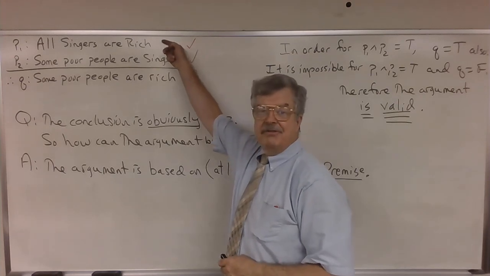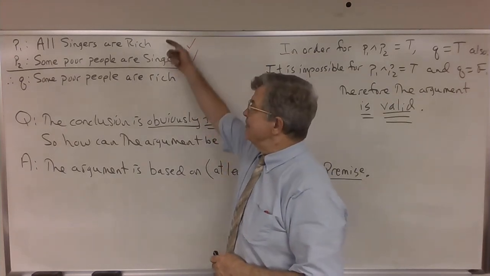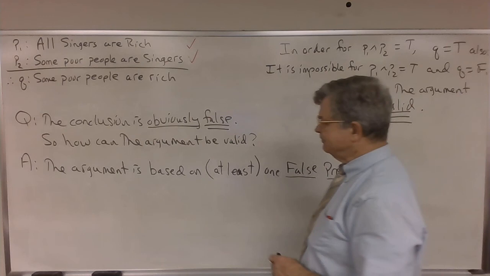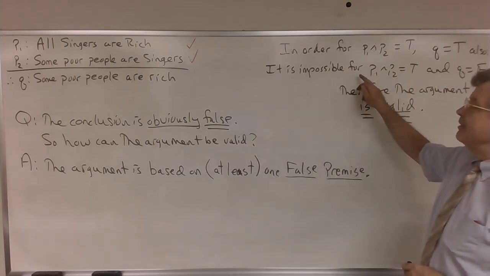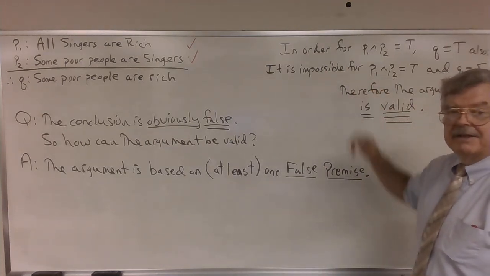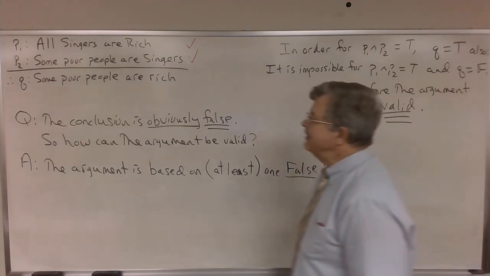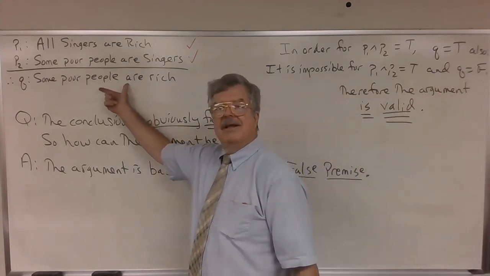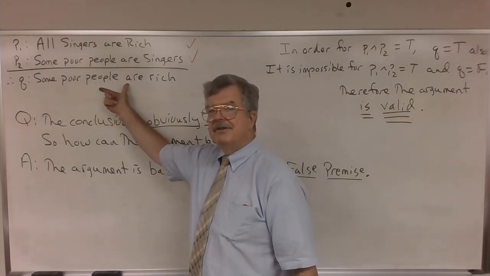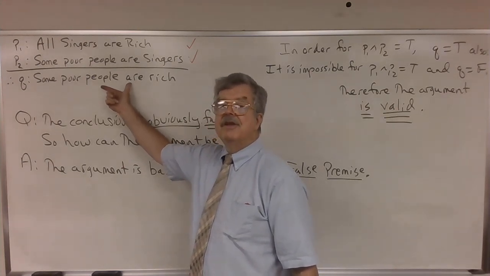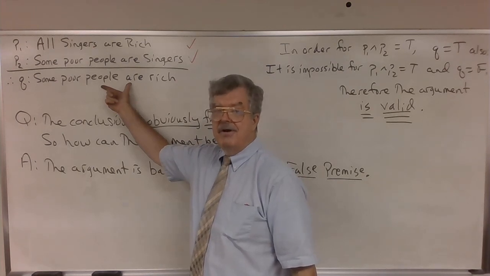But the first premise is false. It is not true that all singers are rich. The argument is valid, but we get this conclusion that's obviously false because the argument is based on a false premise.